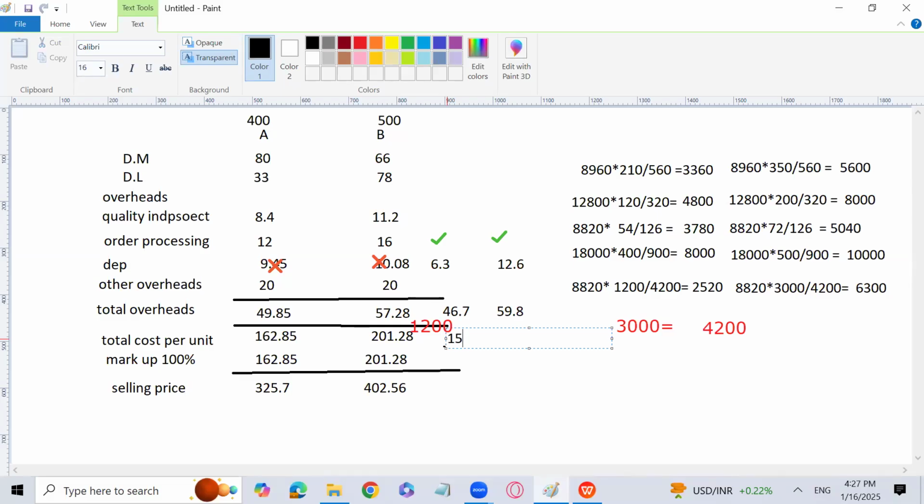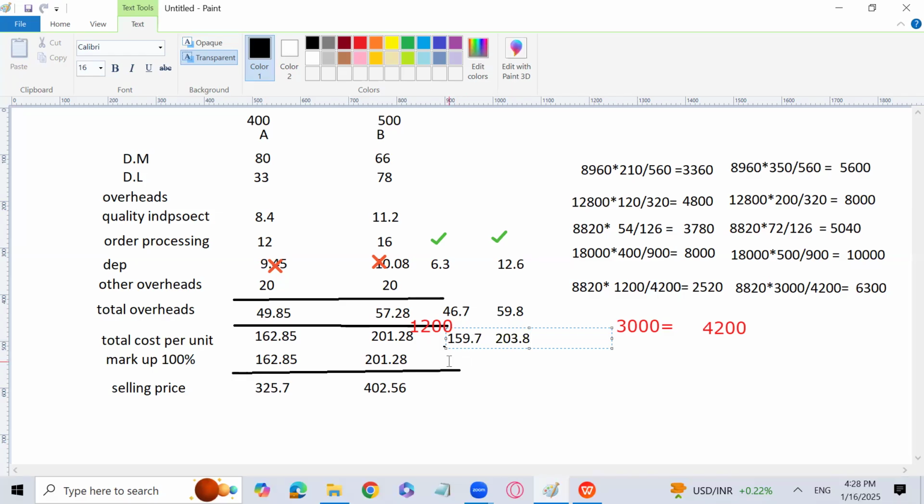159.7. How have I calculated the total cost, beta? 46.7 plus 80 plus 33, you will get 159.7. And for the other, 203.8.